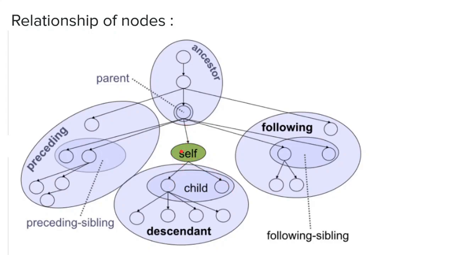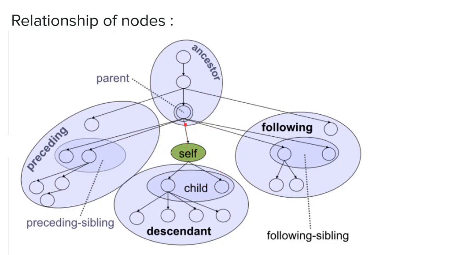And if you consider a parent node, the self node's immediate top node is the parent node. So if you see, this is the parent of this self node, and there are two children for this self node. So that is the relationship in the context of this self node.